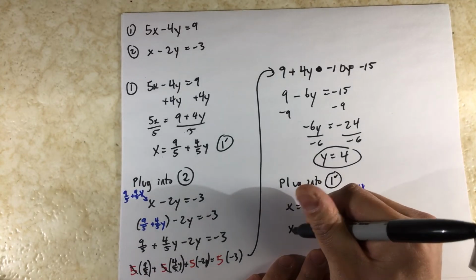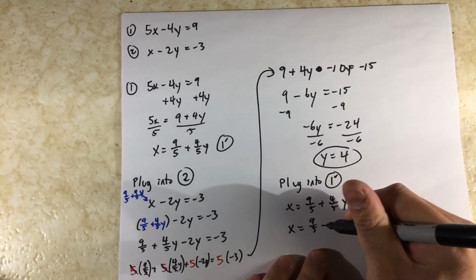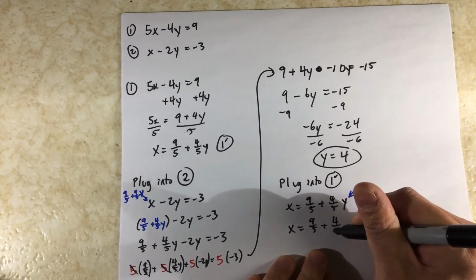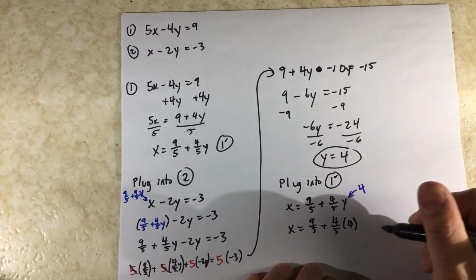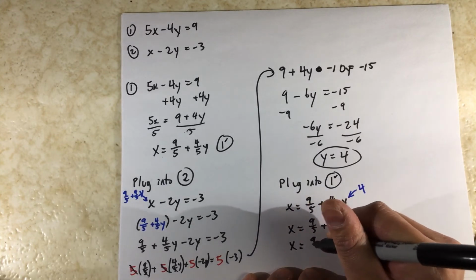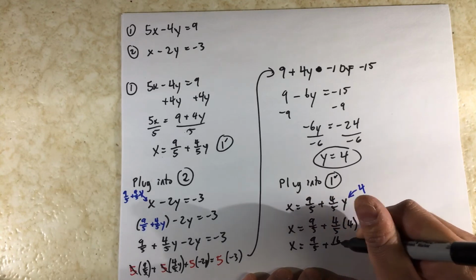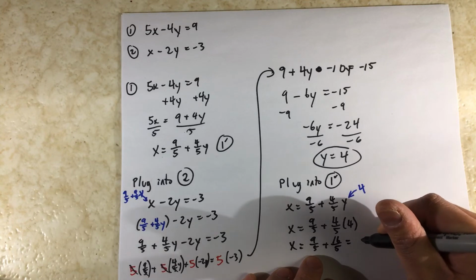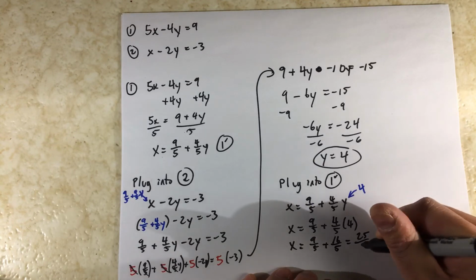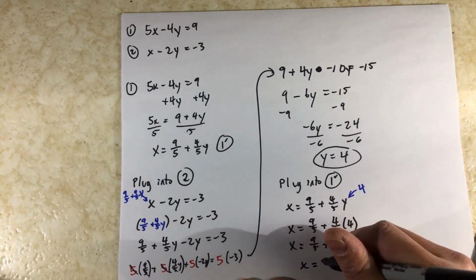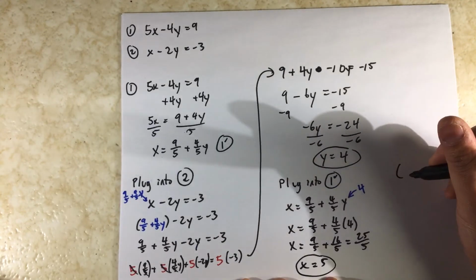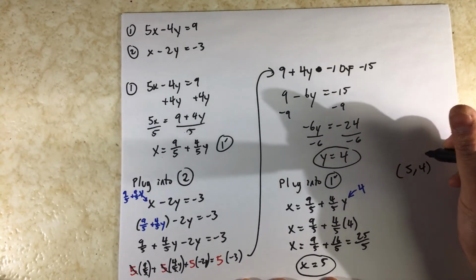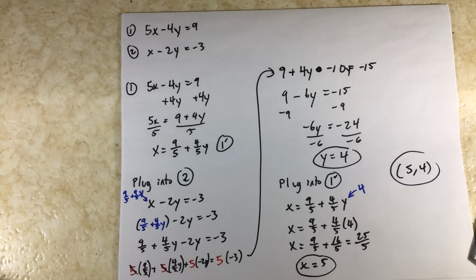So x equals 9/5 plus 4/5 times 4. So this becomes 9/5 plus 16/5. They have a common denominator, so you can add the numerators and keep the common denominator. So this is 25 over 5, and that gives us x equals 5. There we go. x equals 5, y equals 4. That is the same answer we got before, but done the hard way.